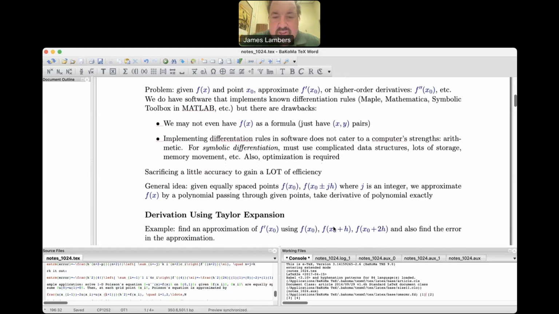So I'll show you an example. We're going to approximate f prime of x naught using values of f at these 3 points, x naught, x naught plus h, x naught plus 2h. And we also want to quantify the error in that approximation.